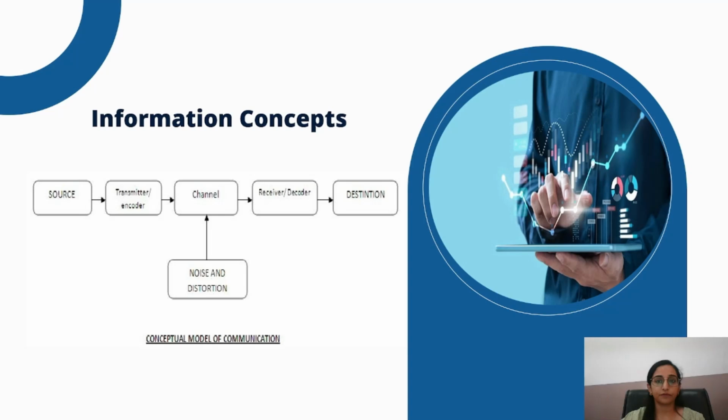The poor quality of information due to various factors would create confusion and misunderstanding, which is equivalent to noise and distortion in the communication model, as a good MIS communicates the information without noise and distortion to the user.